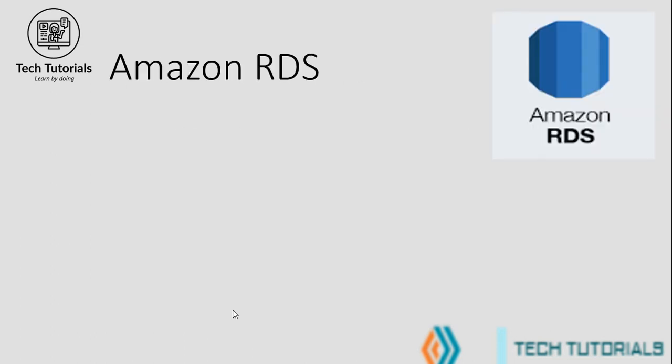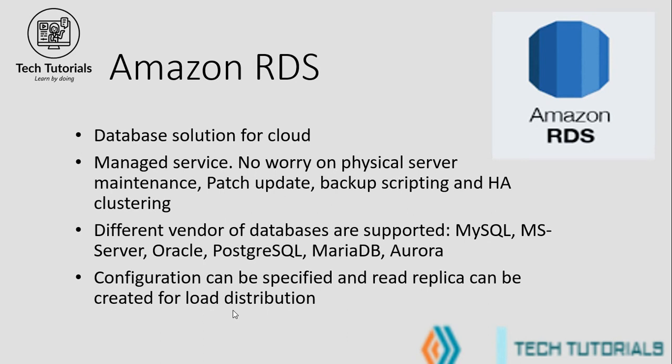The next is Amazon RDS. RDS is used for database solutions on the cloud. It is a managed service, meaning that we do not need to worry about the OS that is installed, or updating patches, security patches, or backup or encryption. We can just use AWS RDS and AWS automatically handles those tasks for us.